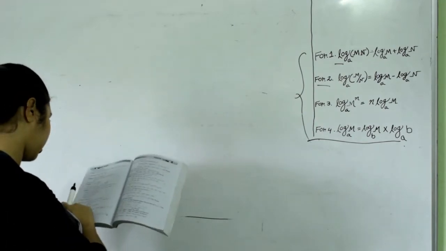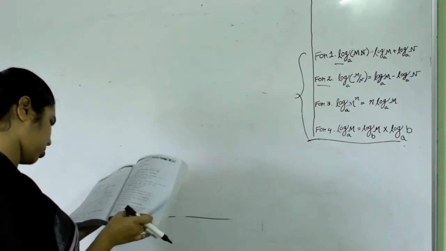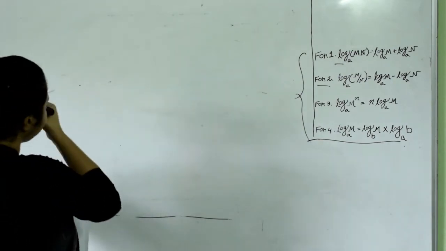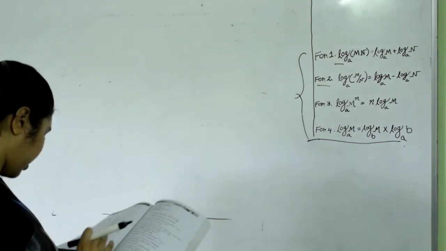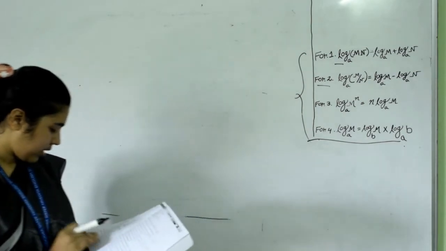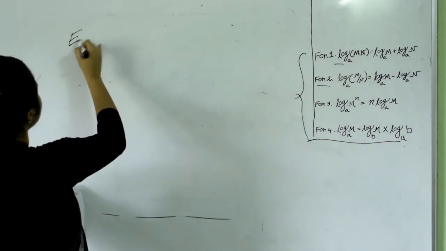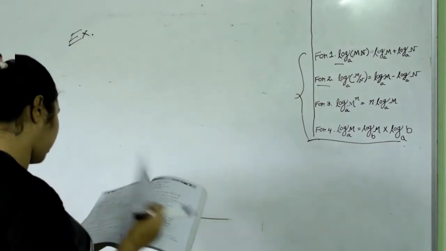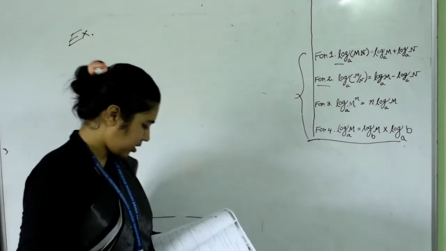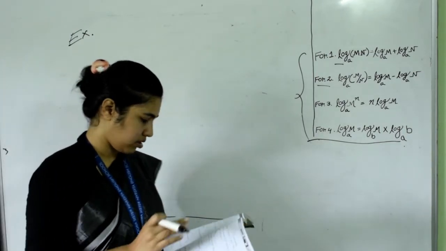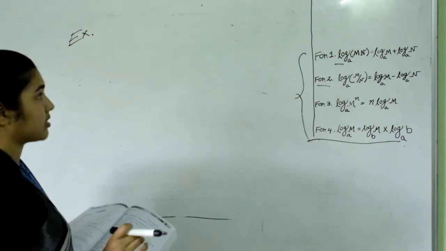Now come to page number 319. Look at example 6. Now we have done examples 1, 3 and 6. Those are some basic examples.